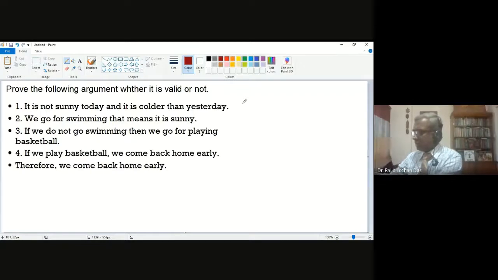So in this case, you can find "sunny day" can be one variable. If you think "not sunny day" is your variable, that is also all right. Not sunny day is A, or sunny day is A. Both are correct.